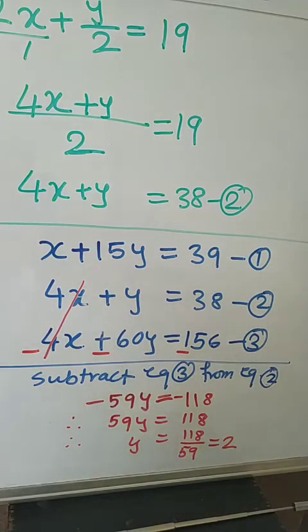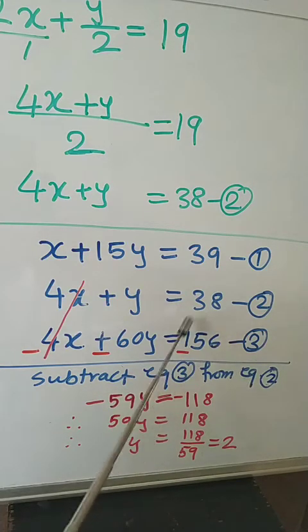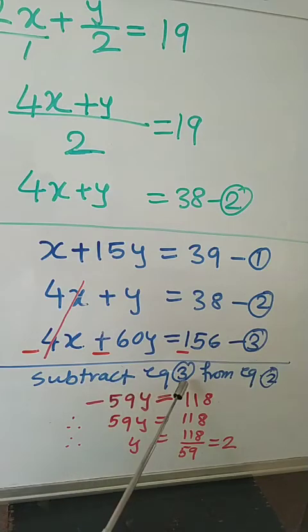Now over here I have subtracted equation 3 from equation 2. Well, if you wish, you can do the other way. That means subtract equation 2 from equation 3. Whichever way you do it, you are going to get y is equal to 2.